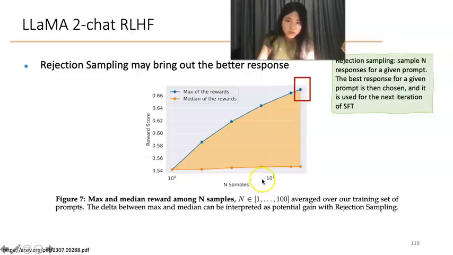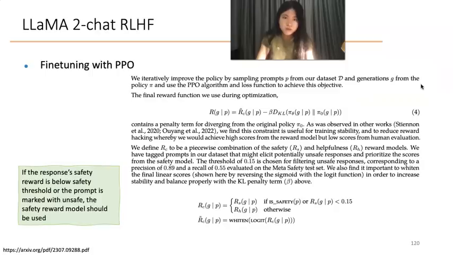You can see that as n goes up, the max of the rewards can be a lot higher than the median of the rewards, indicating that you are sampling a better response with a higher reward, and you want that to be used for your next iteration of SFT, right? So that's why rejection sampling is used. Rejection sampling may bring out the better response.